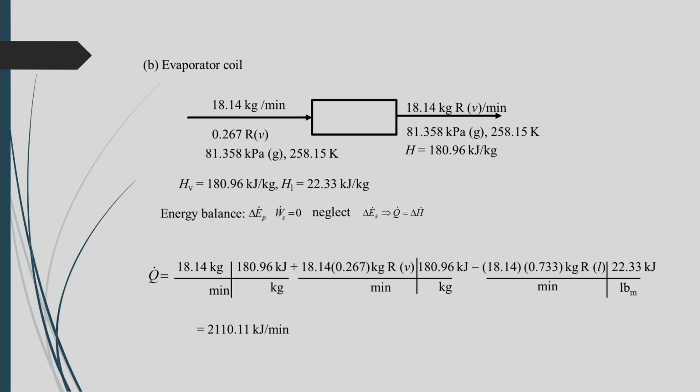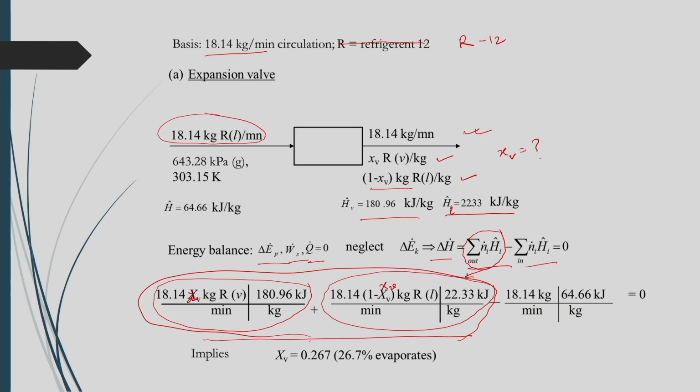Now, similarly for the inlet stream, since there is only one stream here, we have the liquid refrigerant, whose enthalpy is given as 64.66 kilojoule per kg, and the amount is 18.14 kg of liquid refrigerant. So, we multiply 18.14 by 64.66 kilojoule per kg.